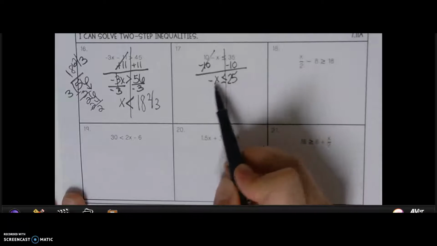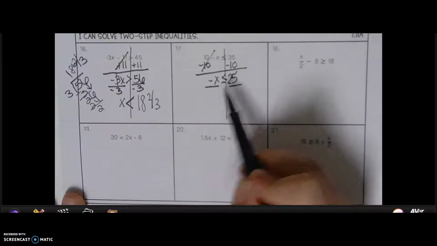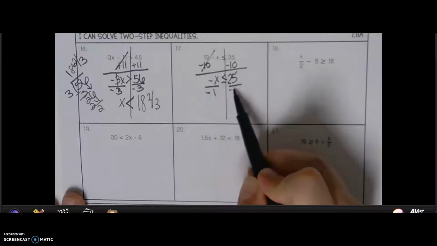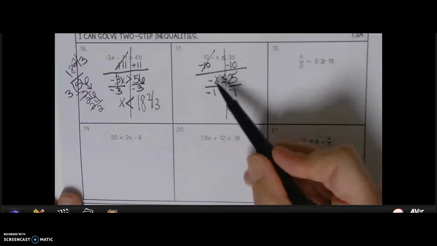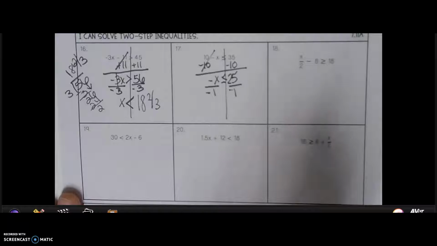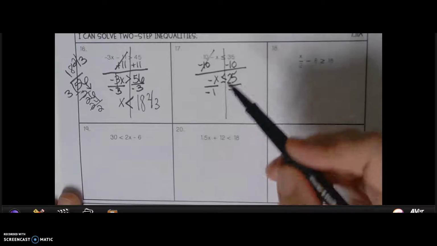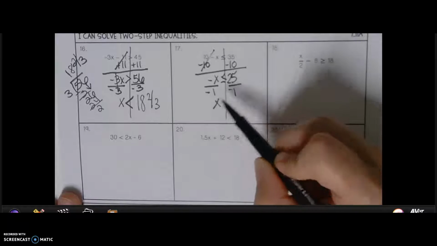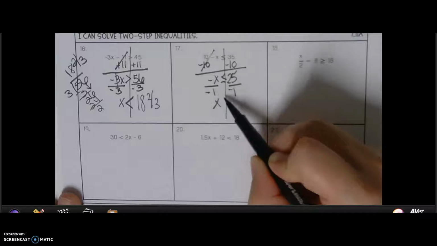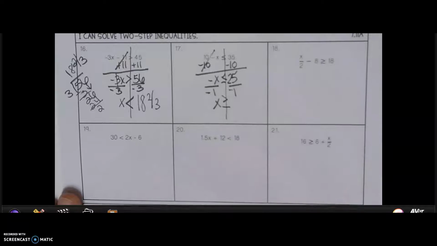Now I can't have a negative x, so what I'm going to do is divide each of these sides by negative 1, because remember there is a 1 in front of an x. You know, x means 1, so we're going to divide by a negative 1. So this is going to leave me with x. Because I divided by that negative, I have to flip my inequality symbol.